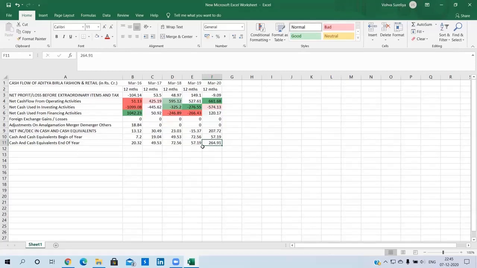That is a huge number compared to the previous years, where from 7 to that, the cash has decreased. That is probably a good sign. Here the cash has increased, but not as much as for March 20. So yes, we can say that from March 19 to March 20, the company has saved a lot of cash.